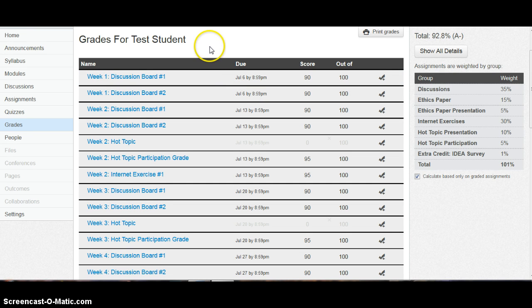Presenters are graded on their Hot Topic paper and management of the discussion under Hot Topic presentation when they present, but will receive a 0% under Hot Topic participation. Non-presenters are graded on their interaction on the Hot Topic discussion boards under Hot Topic participation, but will receive a 0% under Hot Topic presentation.